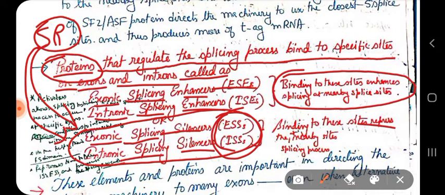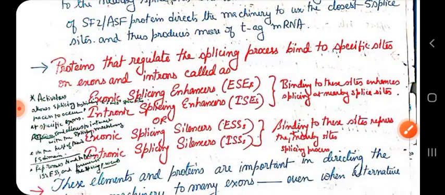exons are retained sometimes. So there are specific sites where these regulatory proteins bind. One is called enhancer regions: the exonic splicing enhancers, which are found within the exons, and intronic splicing enhancers, which are found within the introns. Binding to these enhancer regions will allow the splicing machinery to continue.